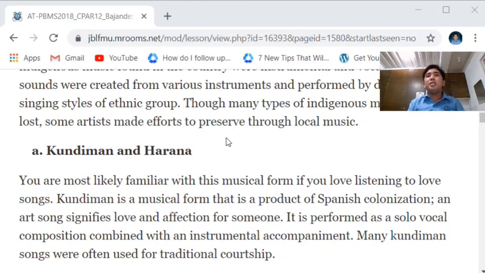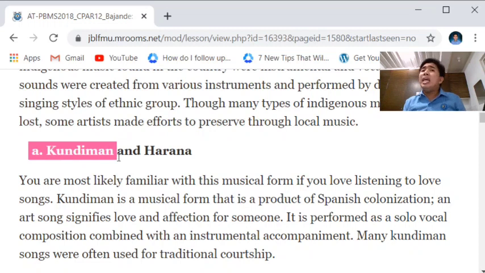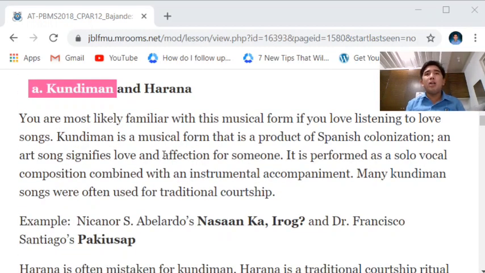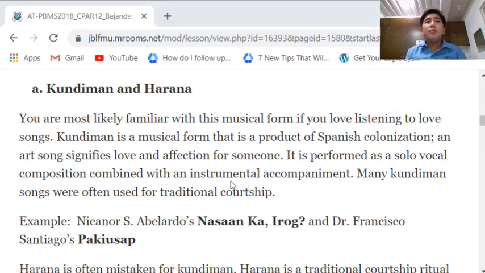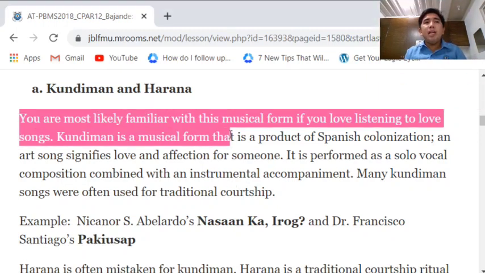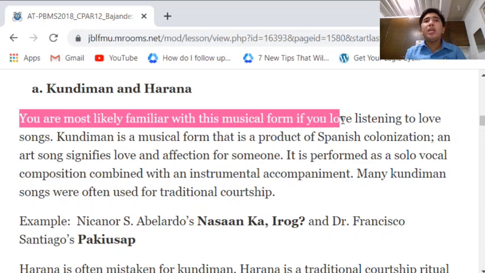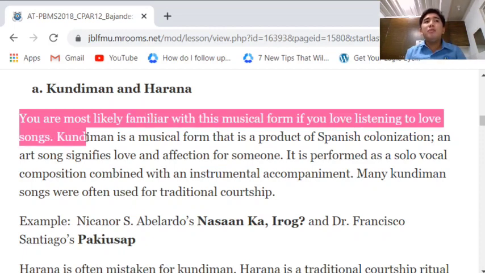Now, we're going to proceed with kundiman and harana. What is kundiman and harana? Is there a difference between the two? Of course, there is a difference between the two. Now, we're going to talk about it. You are most likely familiar with this musical form if you love listening to love songs.